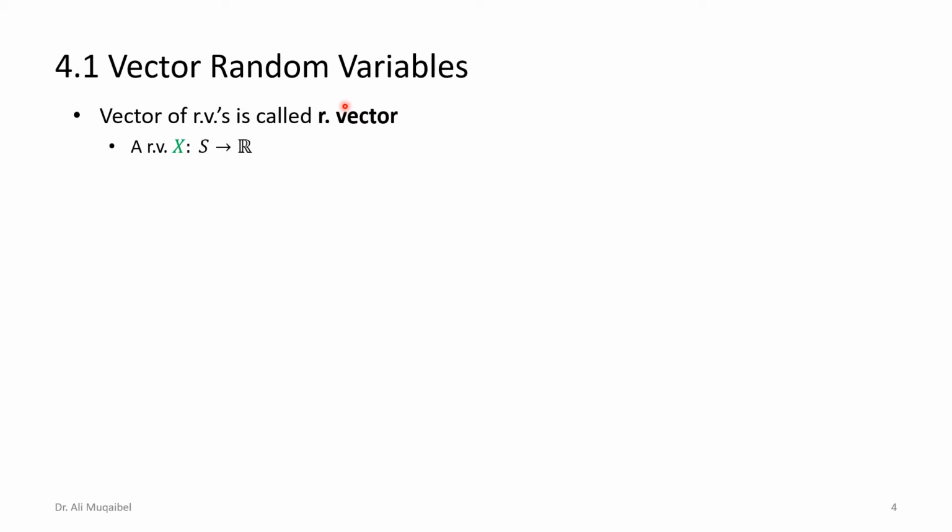We can mathematically define it in the following way. A vector of random variables is called a random vector, and it's a mapping between the sample space and the real numbers. This is for one random variable x. Similarly for y, we are mapping the outcomes of the experiment to the real numbers. We're giving them numbers.